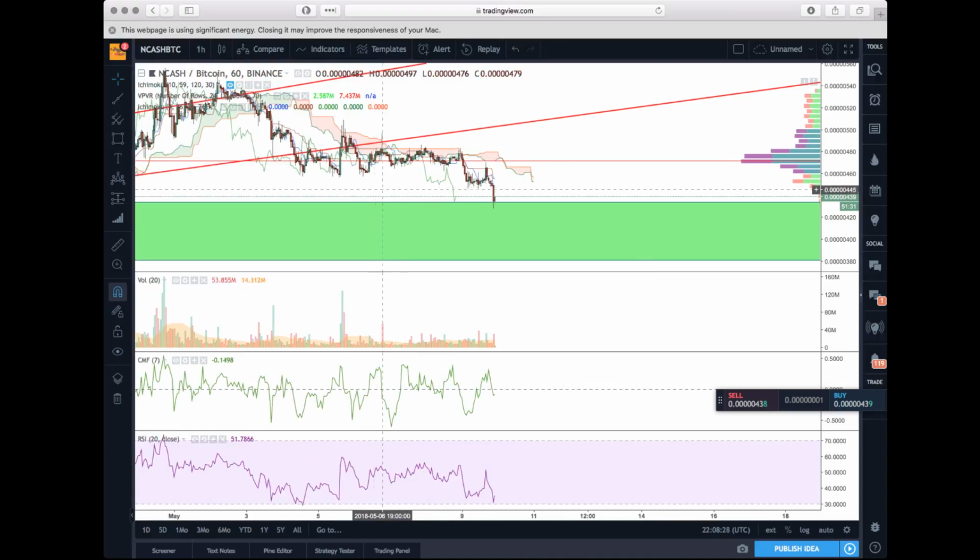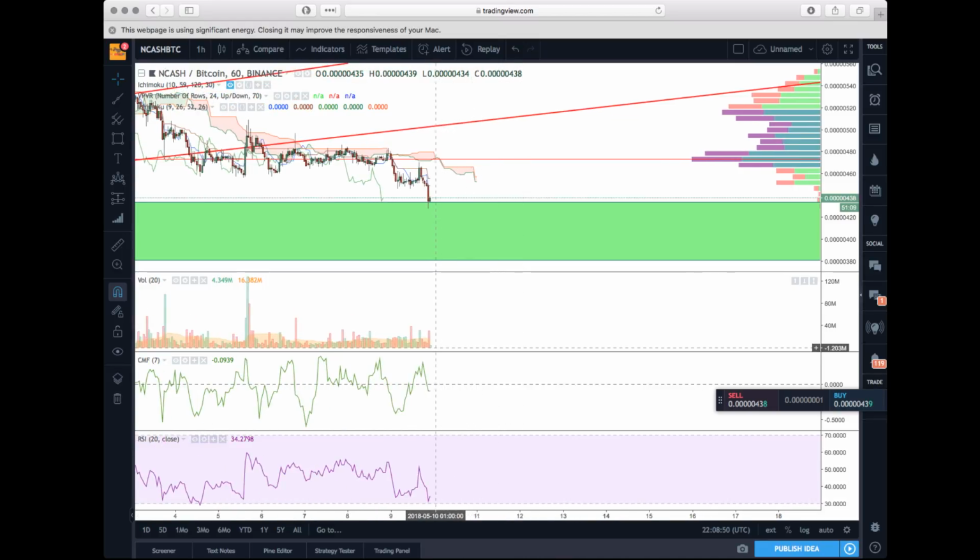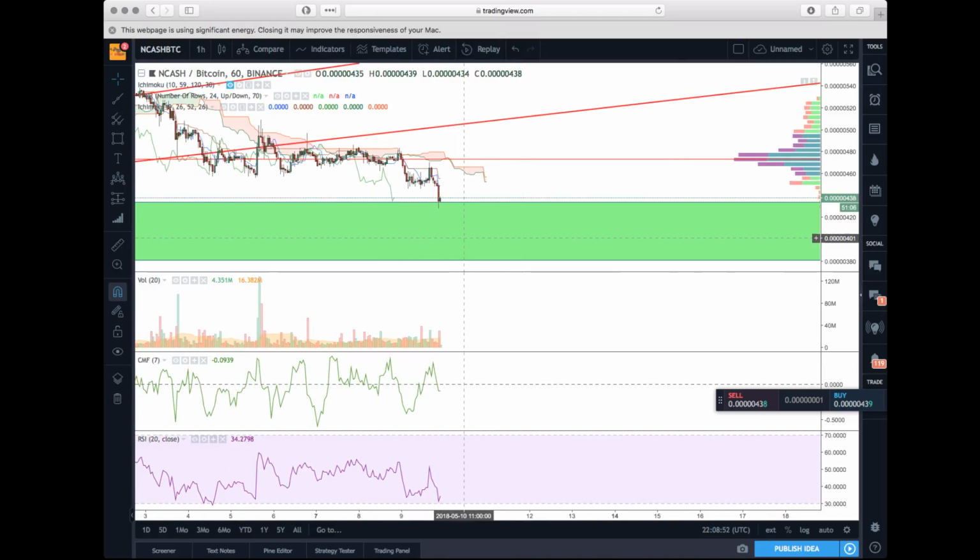On the shorter time frames, there's definitely some divergence at this area, and as you can see, somebody is trying to buy it, and the CMF has kind of flattened out. But there was some significant selling on that candle, so it still remains to be seen whether the buying volume can come in and save it.